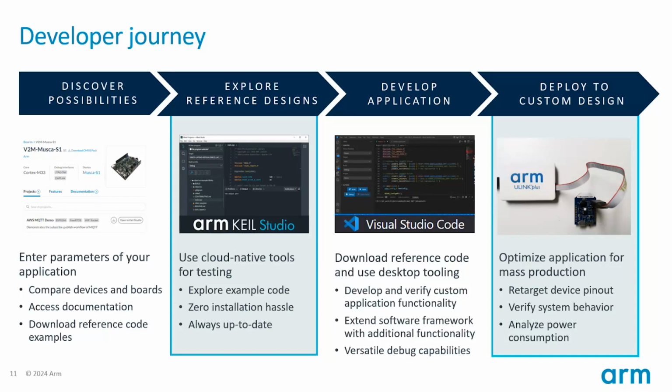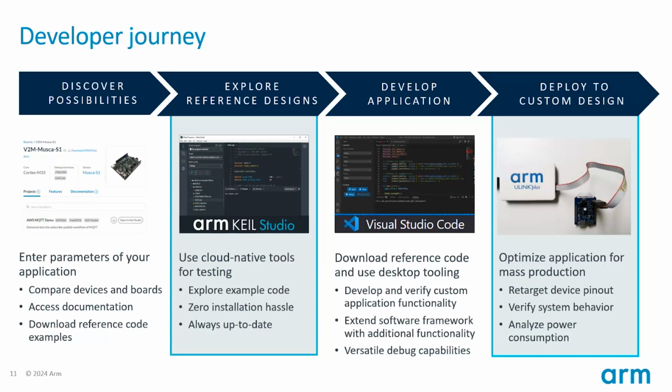And later, when you want to do bigger changes or create your own project based on that, we have then the Keil Studio in Visual Studio Code, where you can then develop and verify your custom application functionality. And of course, later also deploy it to your custom design.